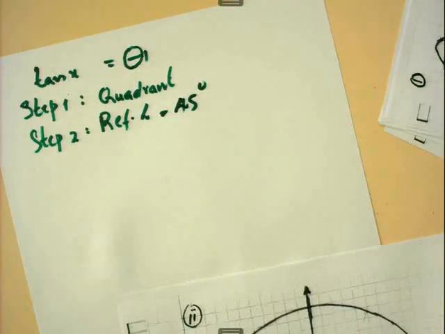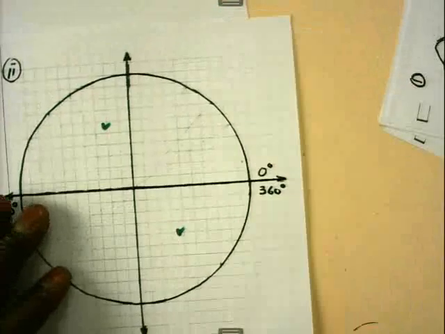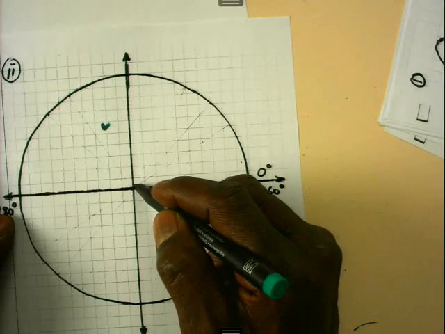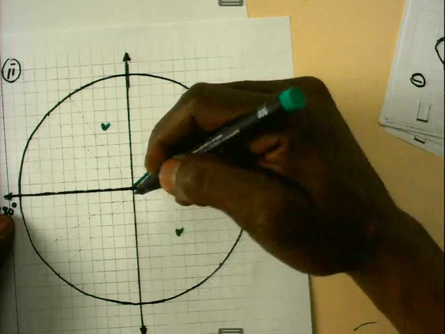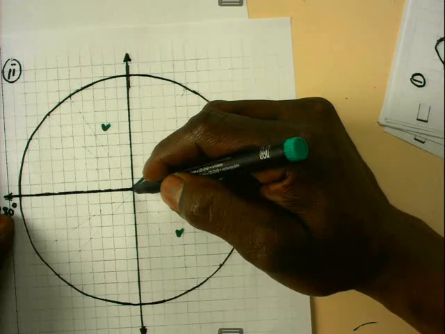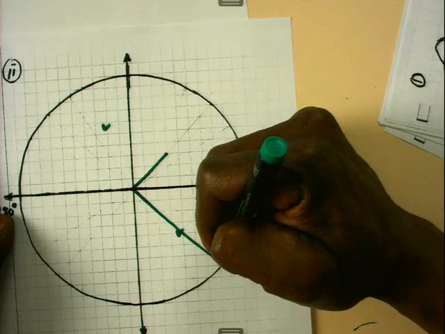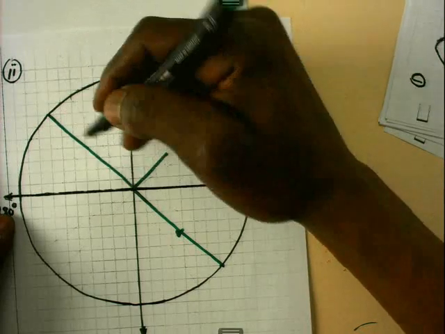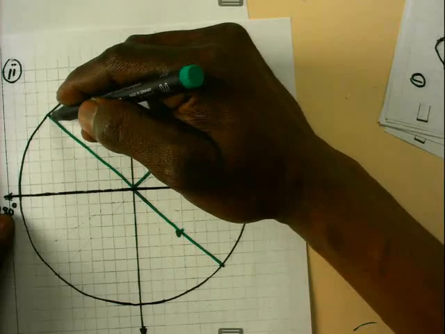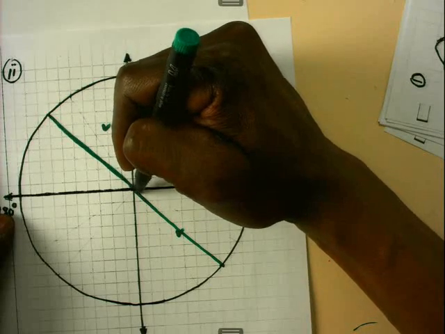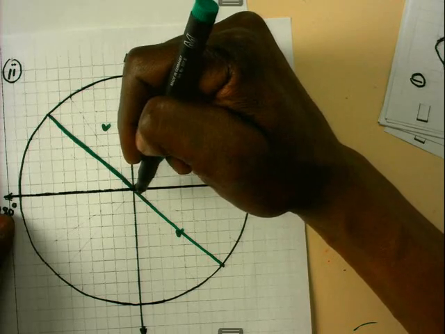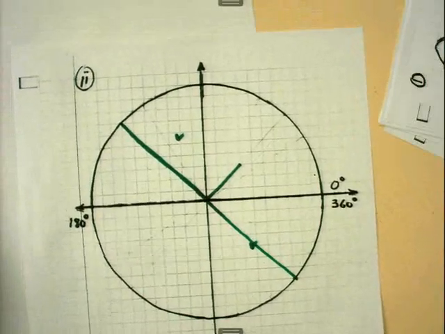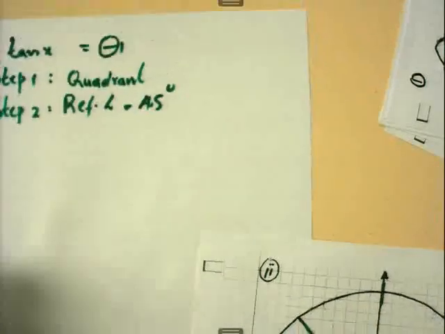So my reference angle is 45 degrees, and let me just draw that. Now, we are working in the fourth quadrant as well as in the second quadrant. Something is funny here. This thing wants to be a straight line. We'll see why it wants to be a straight line. Let's go back.